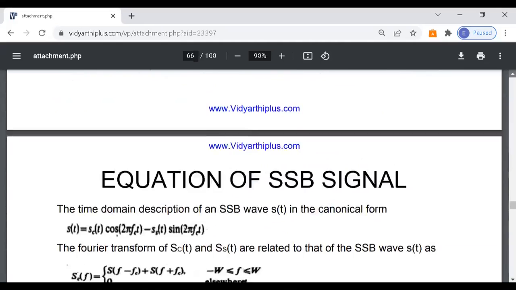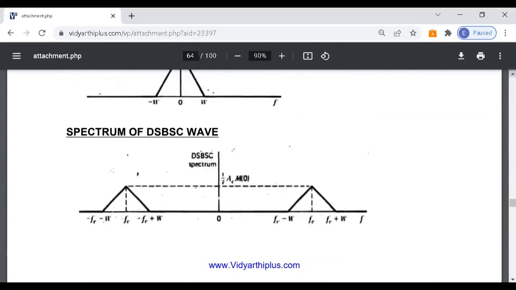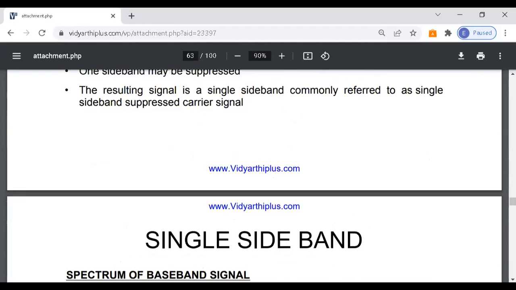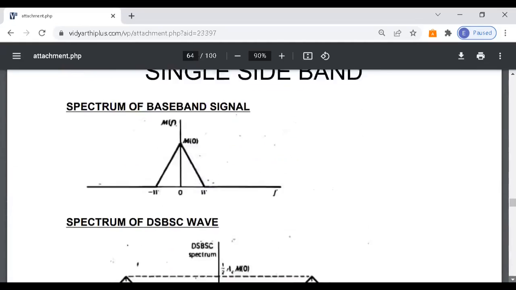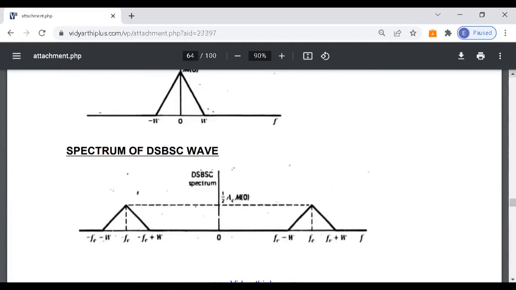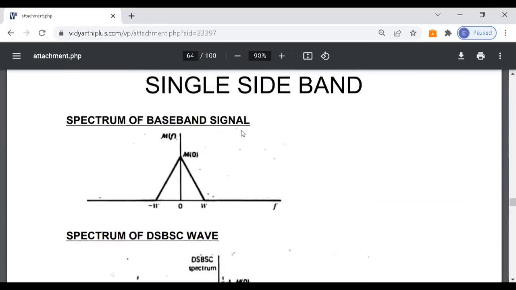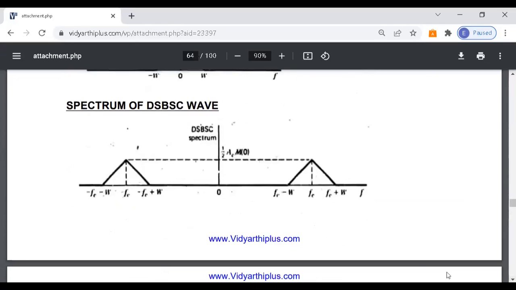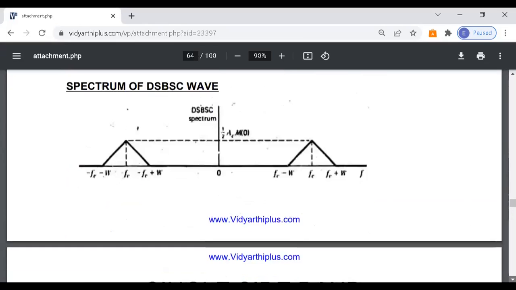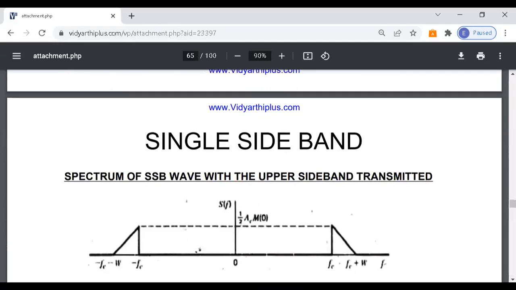Let's go back to the picture. Here is your baseband. This would be your double sideband. One of the bands is redundant, but you don't want to kill it.